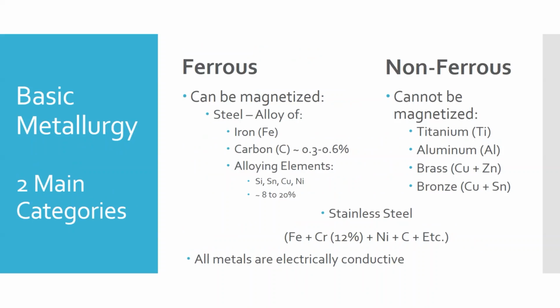Now with any of these, all metals in some way or another are electrically conductive. And so for certain techniques that we perform, we have to have the ability to conduct electricity. Okay? So there are techniques that rely on electrical conduction as well as magnetism or lack of magnetism, and it affects how the techniques work.